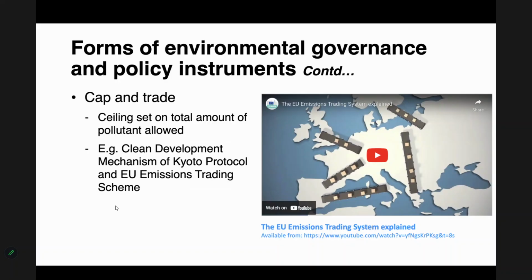To maintain that cap, you can trade your allowable emissions. If somebody's emitting more, and somebody's emitting less but has an allowance that they haven't used, you can trade. So you can trade emissions between countries, between industries, between businesses. This is an instrument that's commonly used today, especially in the EU with their emissions trading scheme, to address some of these emissions targets.